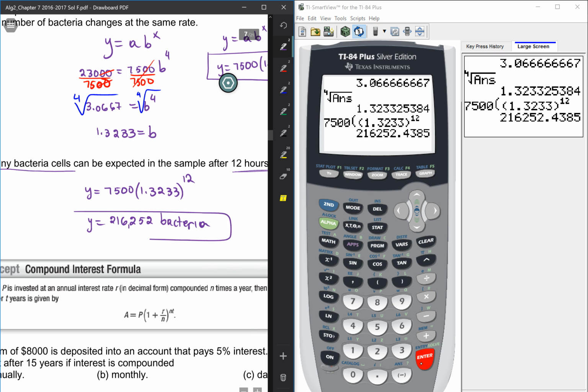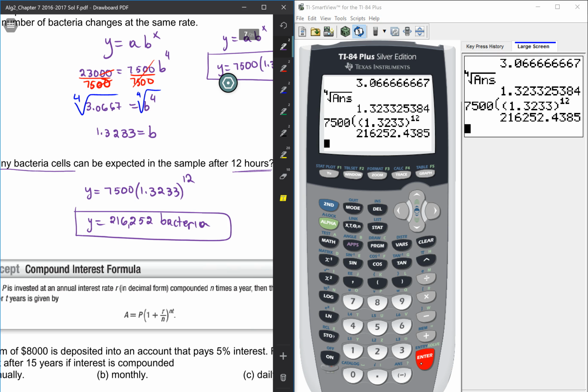In your answer that you put on the answer space, I'm also going to look for units. So it's 216,252 what? Well, it's bacteria. Don't just leave it as the number. You have to specify what it is that that number describes. Okay? So again, I'm not going to ask you to round to the nearest whole number. It's on you to remember.